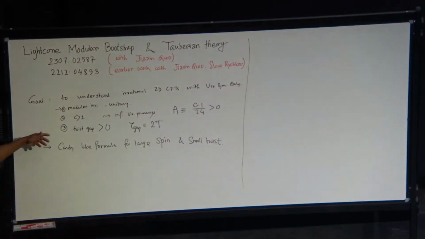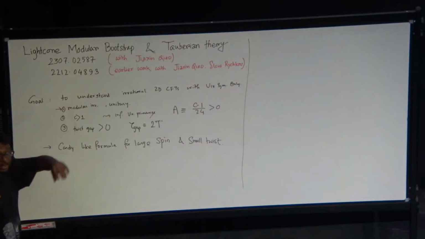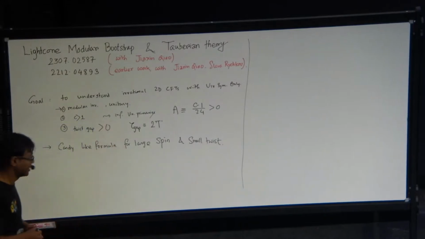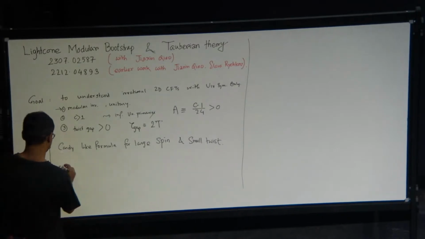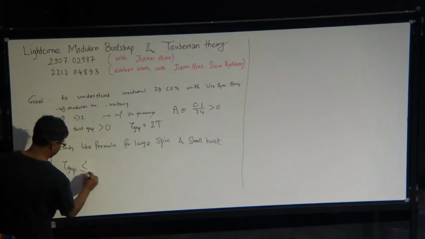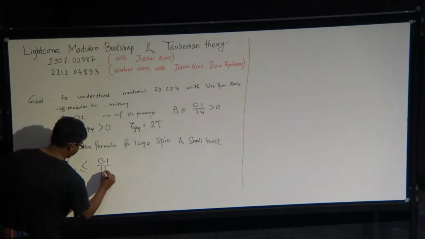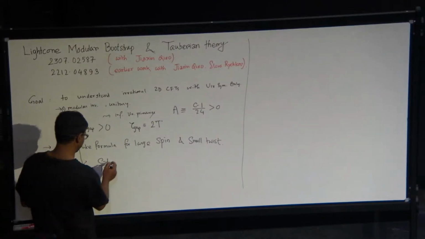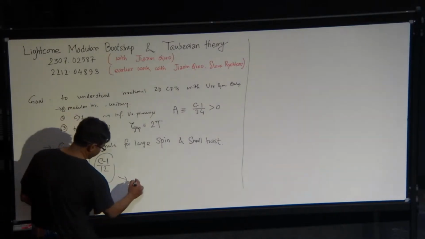Also, it has been argued previously that for this set of CFTs, which are modular invariant, unitary, and have a twist gap with c greater than 1, the twist gap has to be upper bounded by (c minus 1) over 12. And not only that, this (c minus 1) over 12 is an accumulation point in twist.